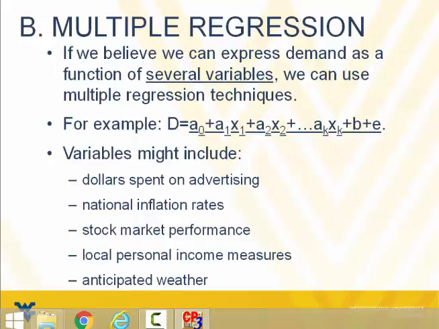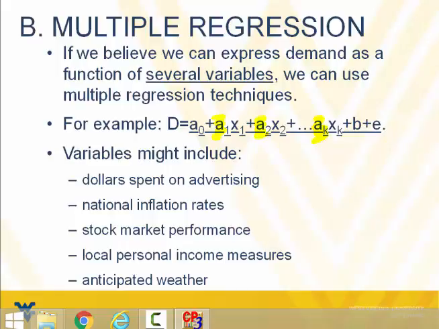So here, for each variable, we will know for dollars spent on advertising, how much demand is going to increase or decrease by. For inflation, how much demand is going to increase or decrease by. For stock market performance of a company, how much it is going to change by. And for income levels, how much it is going to change by. Weather. You can put in anything over there, as long as you can measure it, and as long as you can measure it for the time periods that you have the demand.